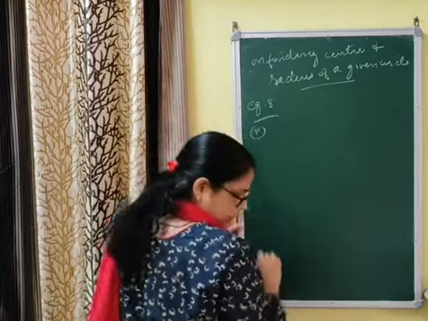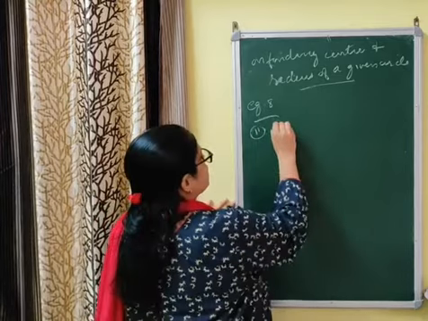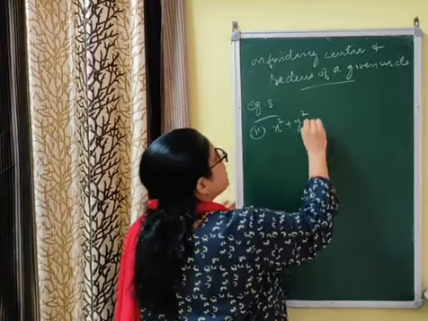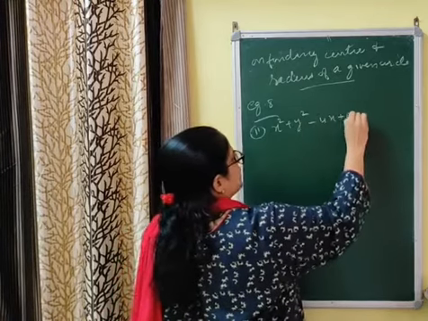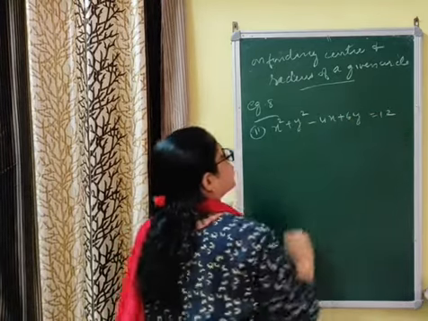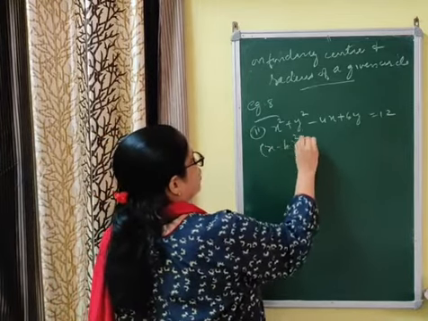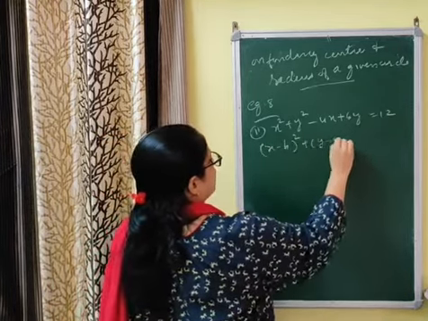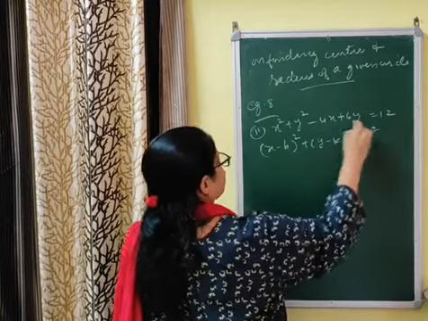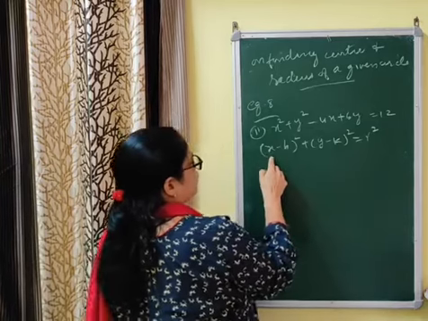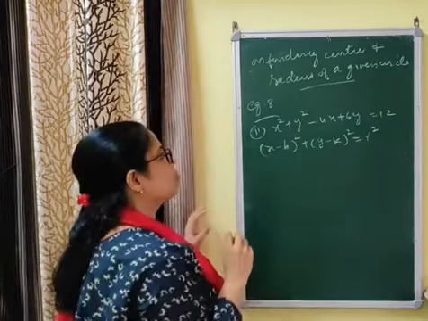The equation of the circle is given as x square plus y square minus 4x plus 6y is equal to 12. Now the central form of a circle is (x minus h) whole square plus (y minus k) whole square equal to r square. You have to convert to this form. For that you have to make perfect squares of the terms containing x as well as the terms containing y.